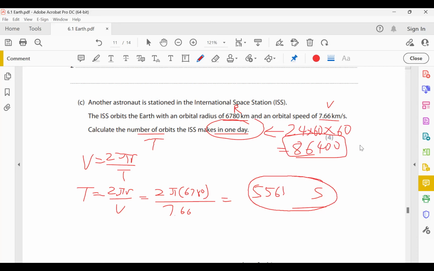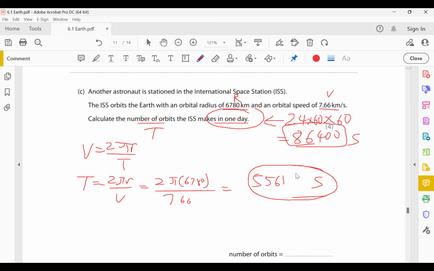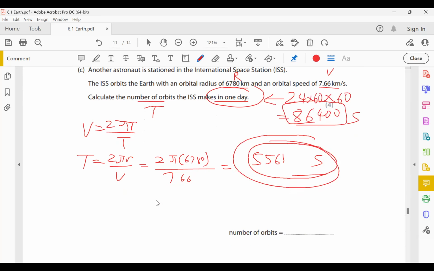86400. So this is one day. One day I have 86400 seconds, right? And one orbit takes 5,000 over seconds to orbit.